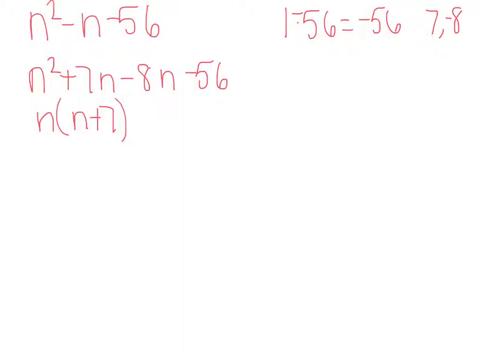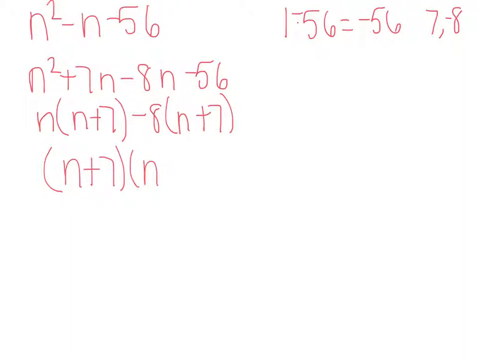In the second part, it will be minus 8 to get n plus 7 in the parentheses. Then, to get my final answer, these in the parentheses, they are the same, so I will be able to do n plus 7 and n minus 8. And that is your final answer.